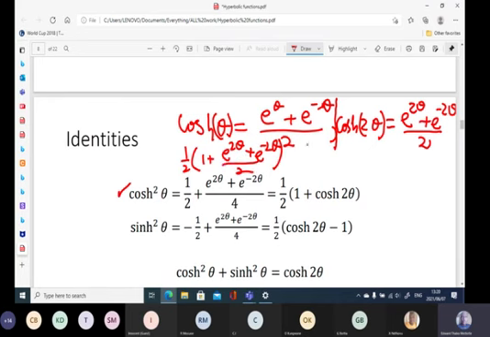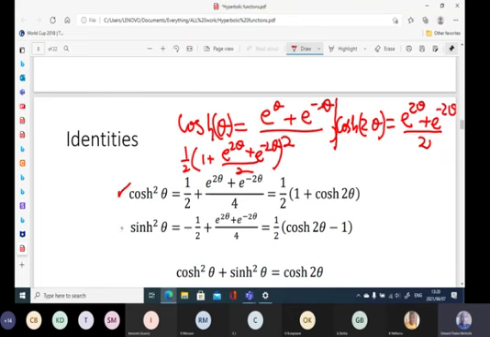And this term here, we can clearly say that cosh 2 theta is equivalent to that, which is what we have inside. So you can replace e to the power 2 theta plus e to the power minus 2 theta over 2 by cosh 2 theta. So doing that, we end up with half plus half in bracket of 1 plus cosh 2 theta.